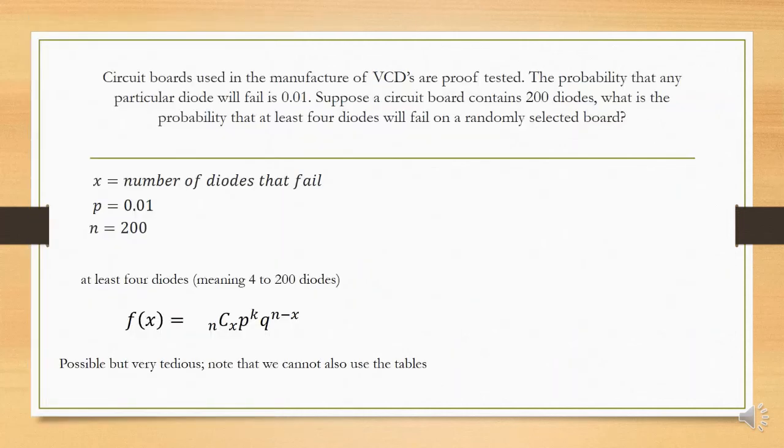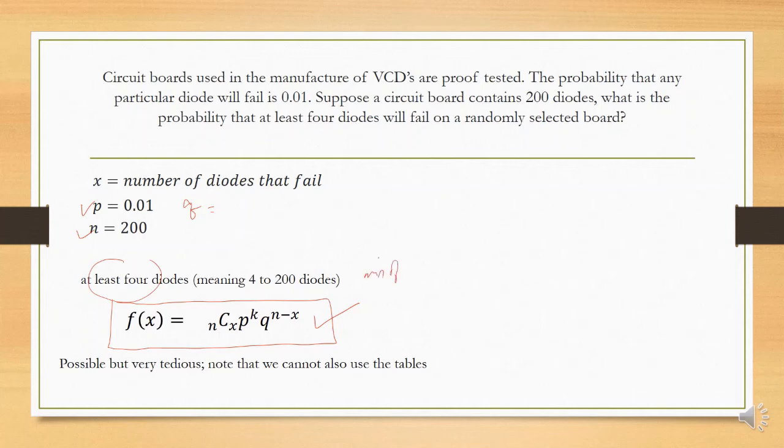So, this one is a problem ng binomial distribution simply because it has a P and an N na given. Pag binomial distribution, meron kang P, meron kang Q. Alam mo yung Q dito 1 minus nitong 0.01, no? Now, sa binomial distribution, ito yung ating formula. So, if we are going to use the formula, pag sinabi nating at least 4 diodes, minimum ng 4.